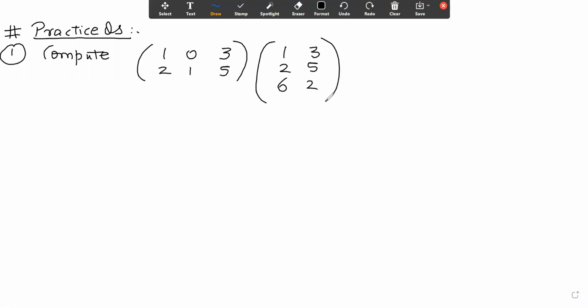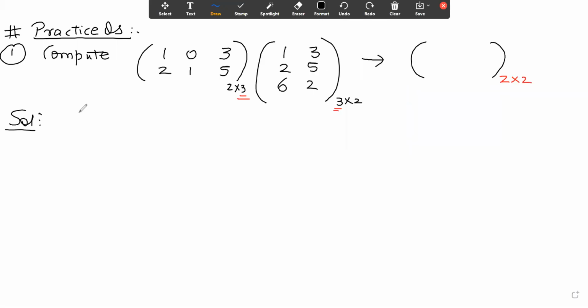So guys, you can clearly see that the first matrix is 2 cross 3 and the second matrix is 3 cross 2. You can clearly see this matrix multiplication is possible because this 3 is equal to this 3. So my resulting matrix will be 2 cross 2.